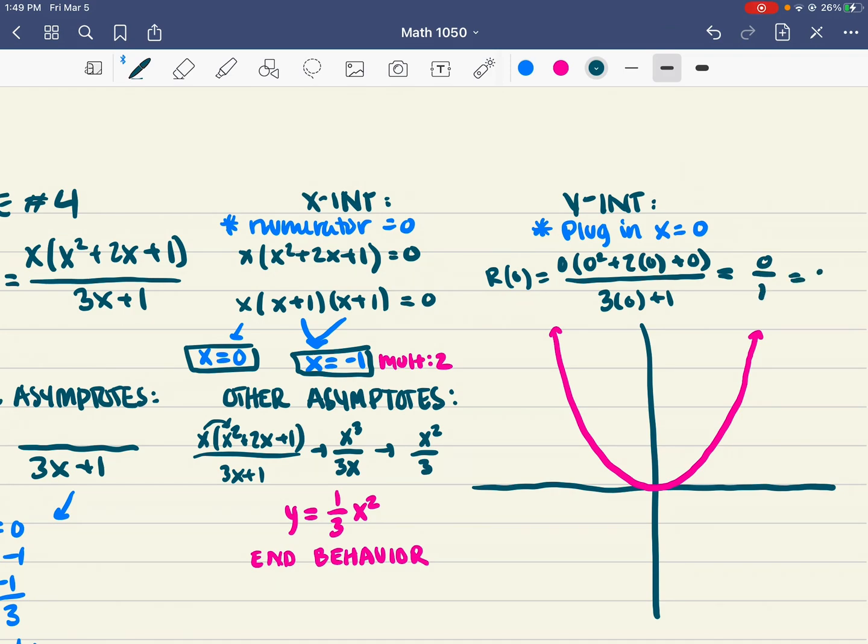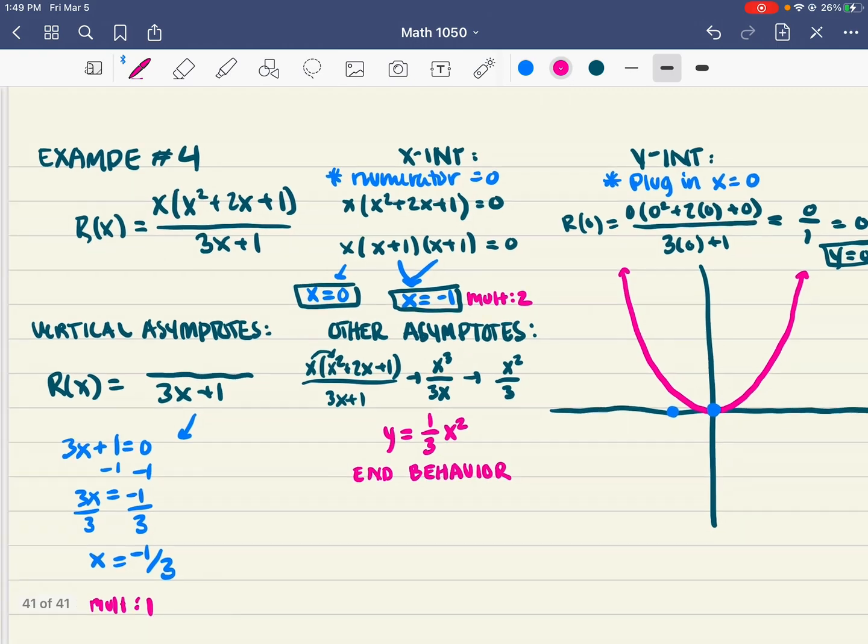So the numerator is 0 divided by 1, which gives us just 0, so we have a y-intercept at y equals 0. It's important. So all of those intercepts graphed. Here's the y-intercept of 0 and the x-intercept of 0 both at once. And then there's a multiplicity 2 intercept at -1, right there.